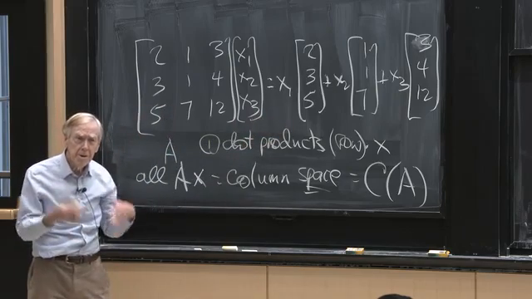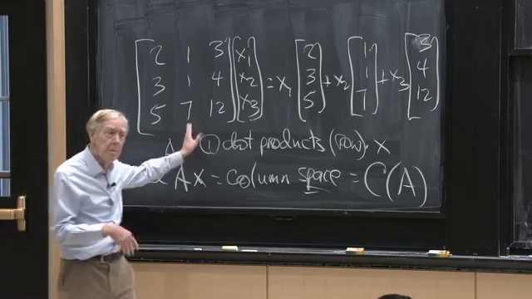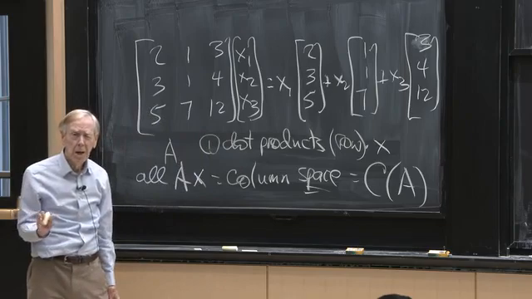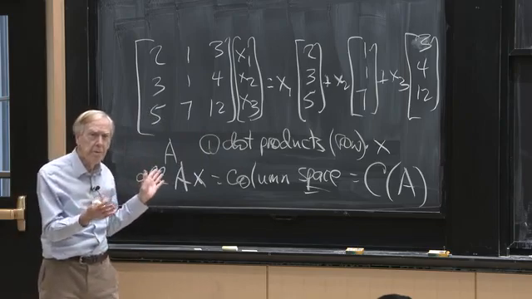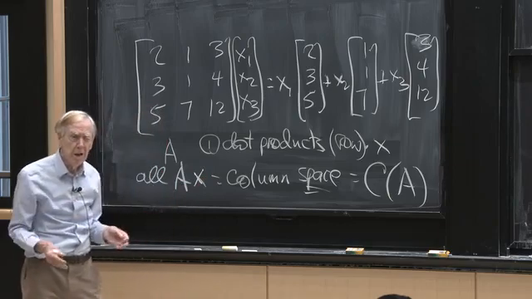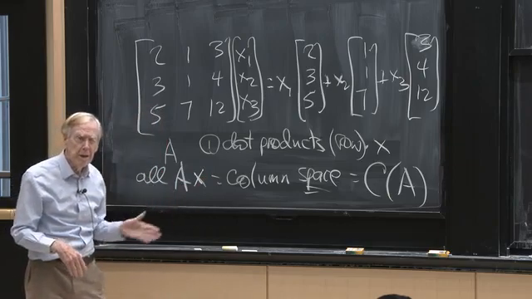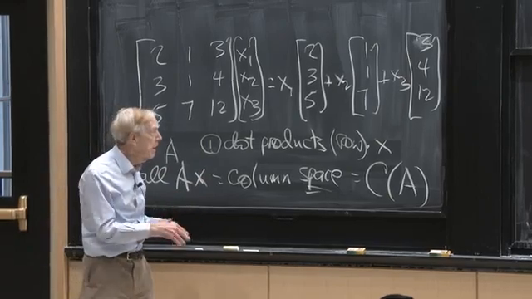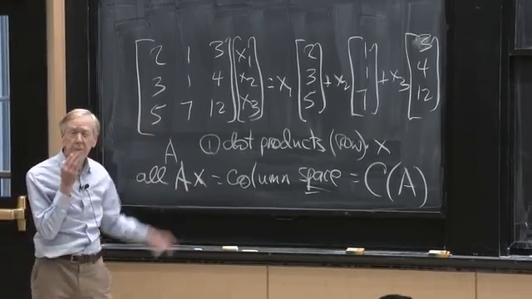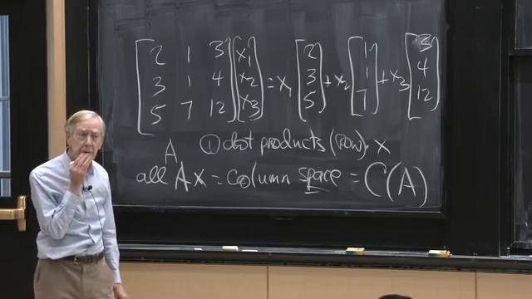It seems like if it was a random matrix, the answer would surely be yes. If a random 3 by 3 matrix, its column space is going to be all of R3, its columns are going to be independent, its rows are going to be independent, it's going to be invertible, it's going to be great. But what's up with this matrix?